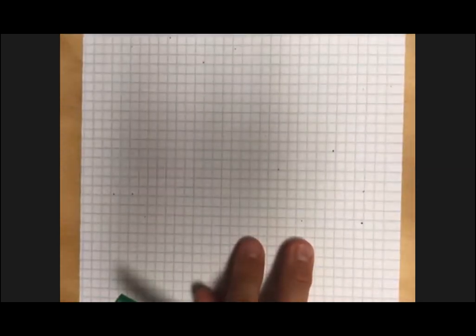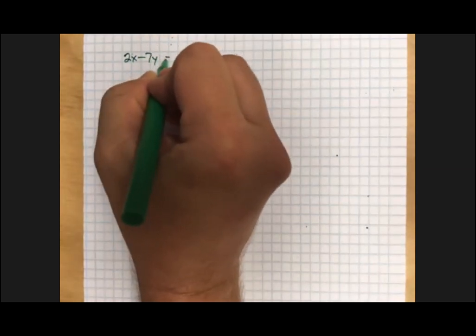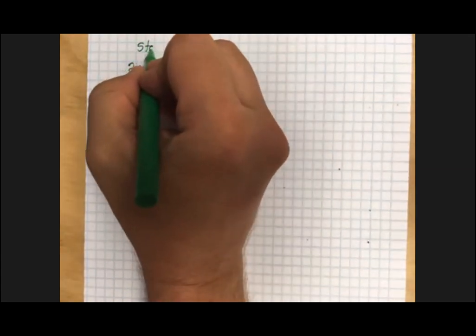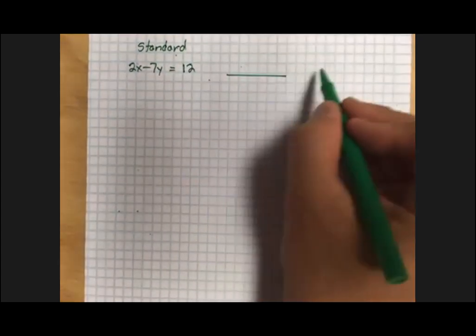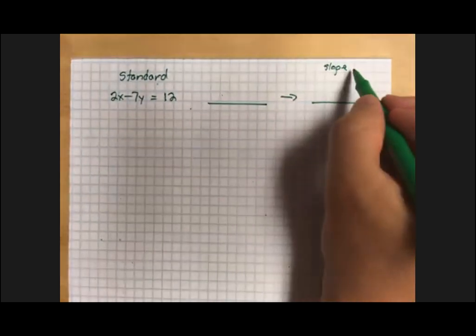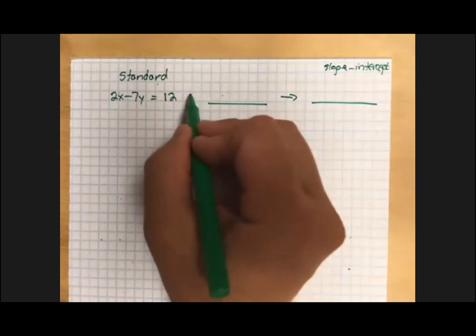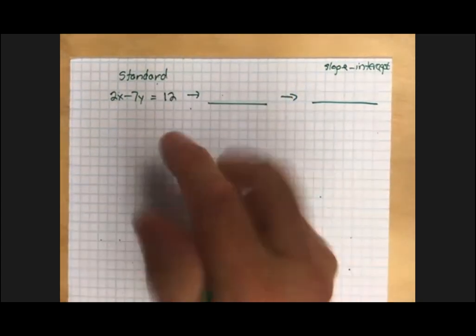It's not as easy as snapping your fingers, but let's go like this. 2x minus 7y is 12. This is in standard form. How do I write it in slope-intercept form? Actually, it just takes 2 shots, bang, bang, 2 shots.